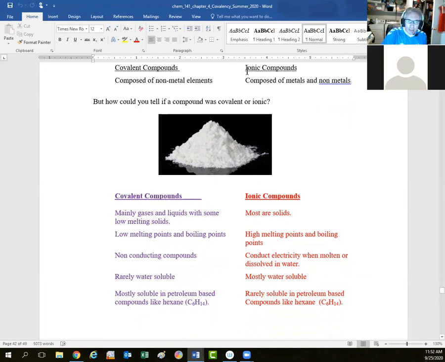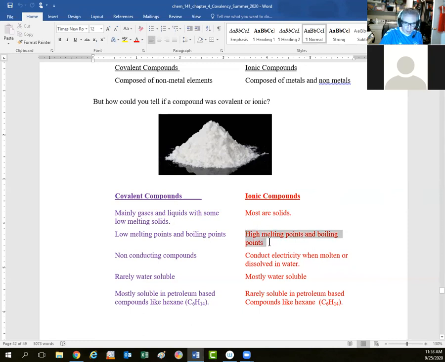Anyway, so we had talked in the last chapter about compounds being ionic, and we said we could tell they were ionic because normally they would be solids at room temperature, and covalents are opposite. They are normally gases or liquids at room temperature. Now there is some crossover, but if you had to make a guess based on the state of matter, solids tend to be ionic, liquids and gases tend to be covalent.